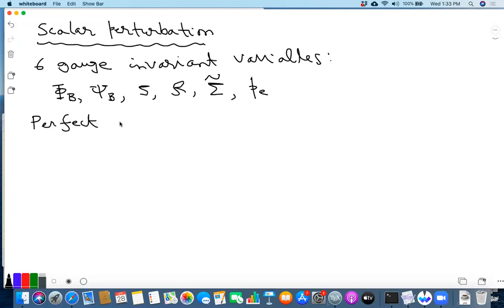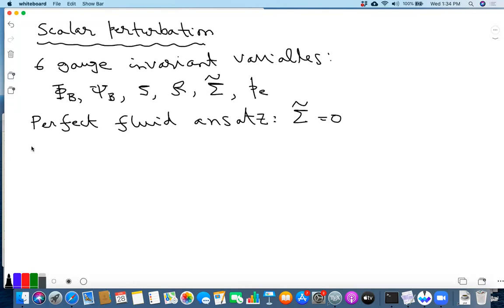So one is that we have this perfect fluid ansatz. If you remember, that set all components sigma ij equal to 0, where sigma ij was the expression for Tij except for the trace part, which went into the pressure. So the perfect fluid ansatz in particular gives sigma tilde equal to 0 because this is a scalar component of sigma ij.